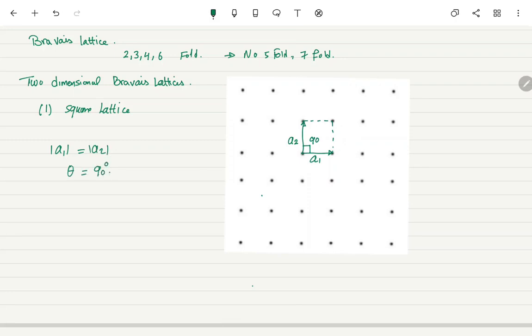We also notice that the square lattice is invariant under rotation of 2 pi over 4, in other words 90 degrees.